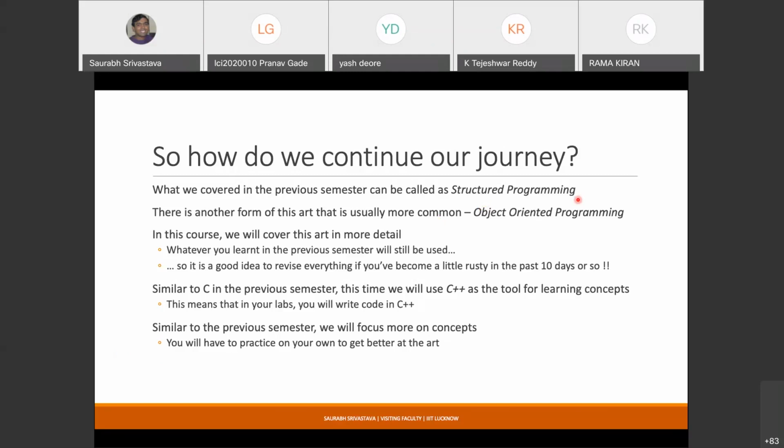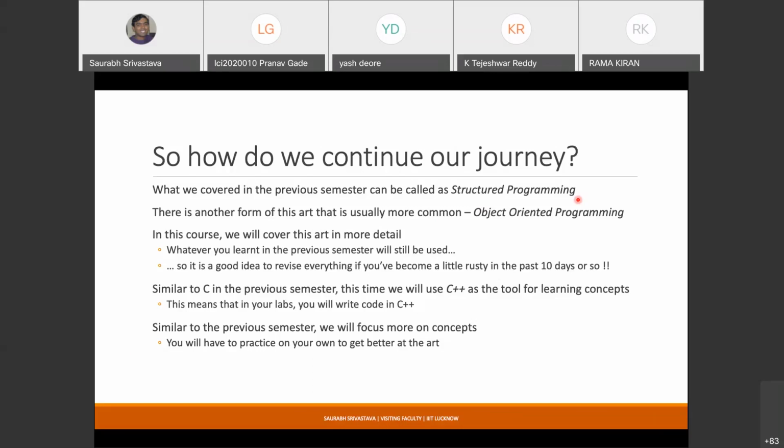Structured programming, procedural programming, functional programming, these are all different paradigms. They are not really well defined, and sometimes it becomes really difficult to categorize a piece of code as one out of the n classes. But let me say that what we did in the previous semester was mostly structured programming.